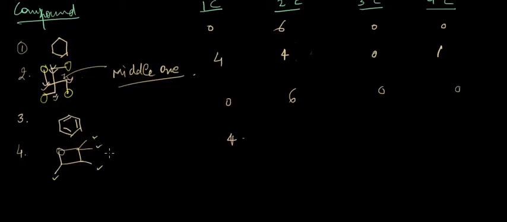And is there anything left? No. So 1. How many 3 degree carbon atoms are there? 1 and 2. How many 4 degree carbon atoms are there? Only 1. Okay. So let us take a few more examples here.